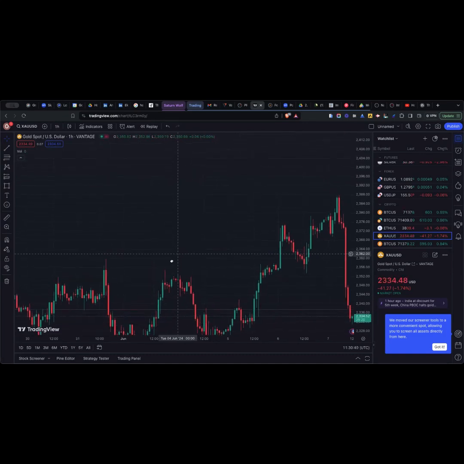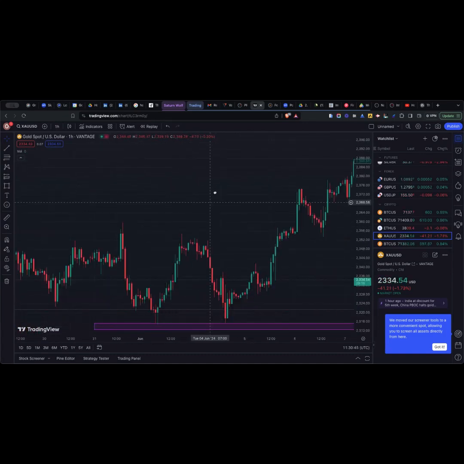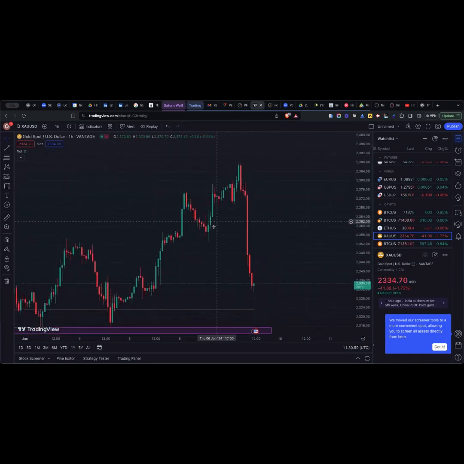Just whatever you feel like is the resistance, just draw it. It might not be as recent, because right now it looks like it's breaking past a lot. Why is it breaking past your support?